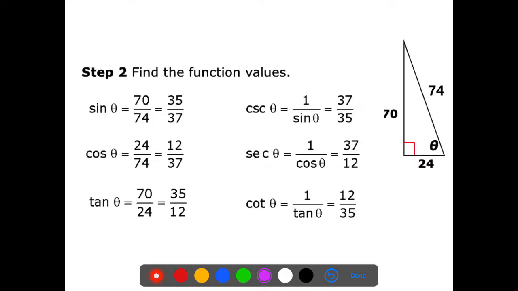For your cosecant, you will do 1 divided by your sine, and that gives you 37 over 35. Your secant is 1 over your cosine, which gives you 37 over 12, and your cotangent gives you 12 over 35. Also looking at this, we can see that this and this is just flipped. So you just flip the numbers, and that's the same for the rest of them also.